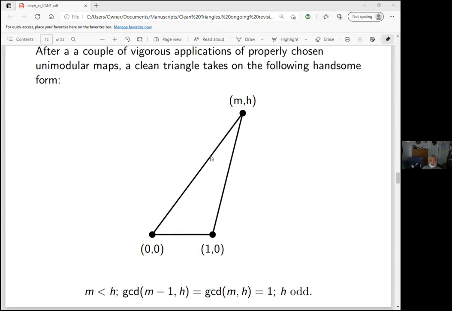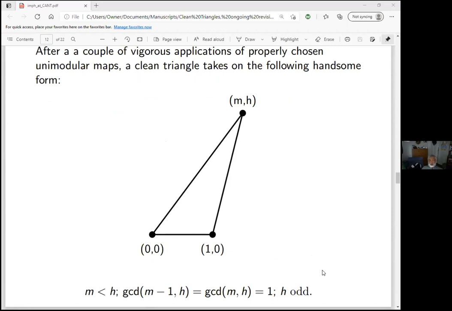Because you can't have any lattice boundary points between these two vertices, either on this side or on this side, you have this condition on the GCD.